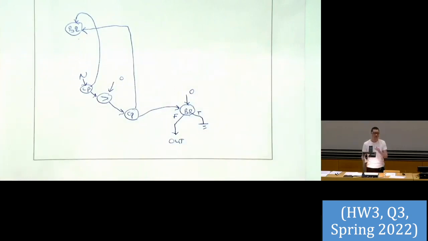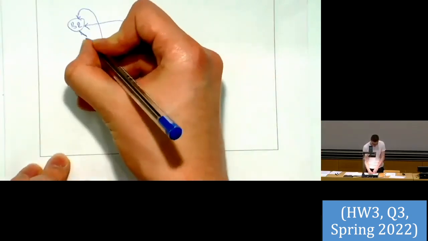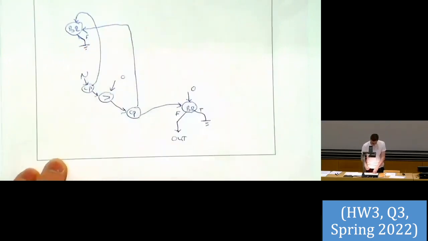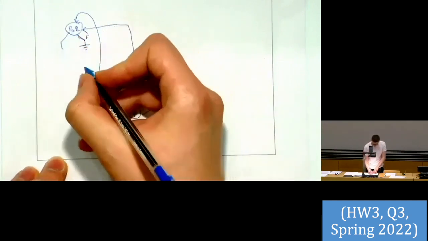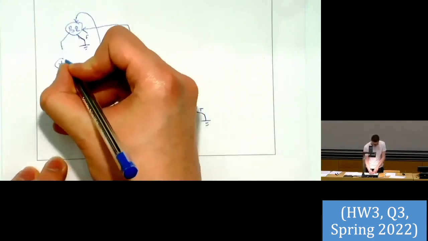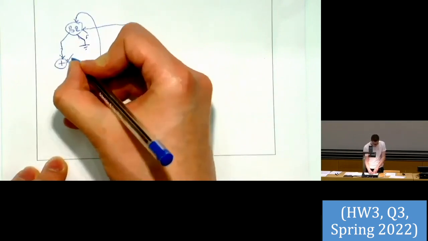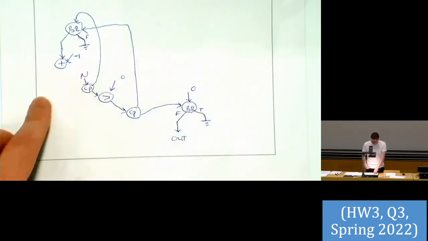So the function should be terminated at this point. So the false path in this case is ground. And if it's true, on the other hand, we should subtract 1 from n and do the next iteration. So this is -1.